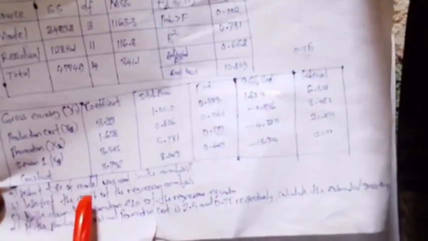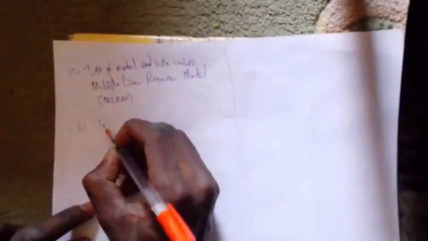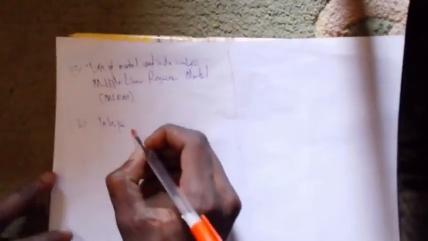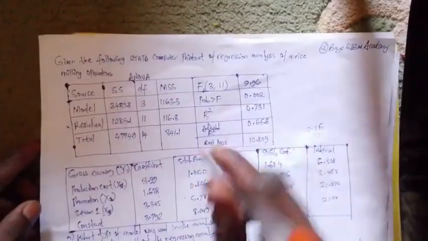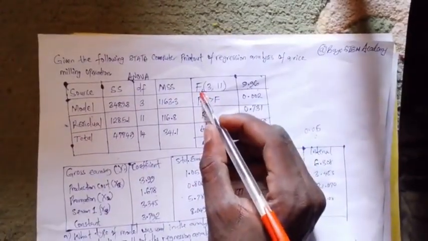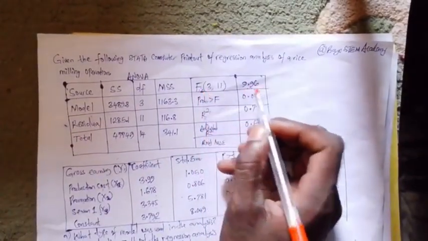Question B, interpret the result of the regression analysis. Now, how do you interpret? Interpretation of results. First of all, using the ANOVA, this is our F statistic or F value. Our F is 9.96.